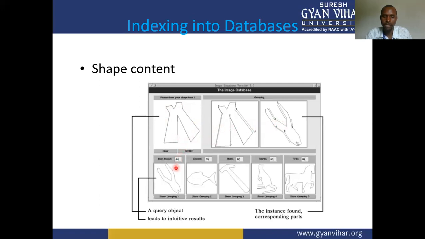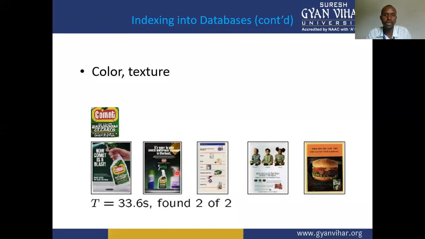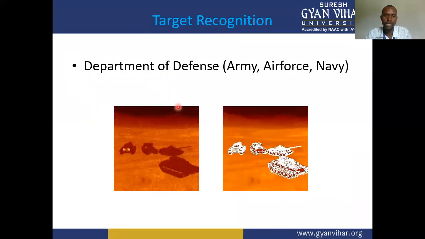Then if we show this object in any shape or direction, the system can recognize it because the image was captured from multiple angles. This is the same for image object recognition, where we use color and texture to check it. Also target recognition can be used in defense, either in the Army, Air Force, or Navy.